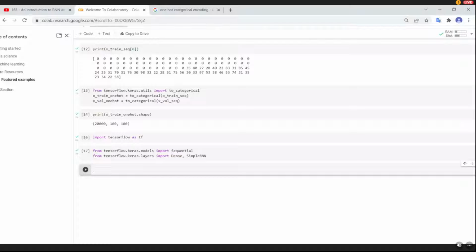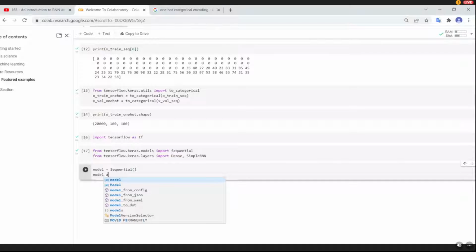So that is Dense, and Sequential allows us to add one layer onto another, and you'll see right now.